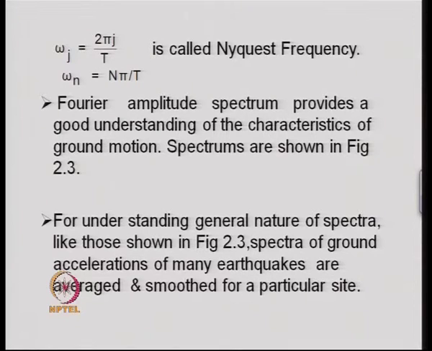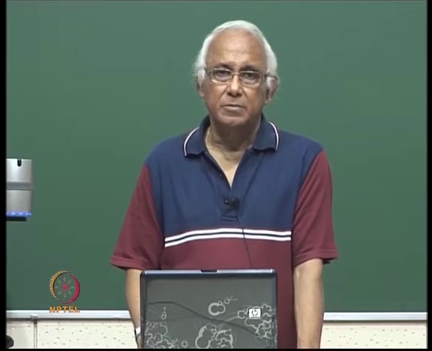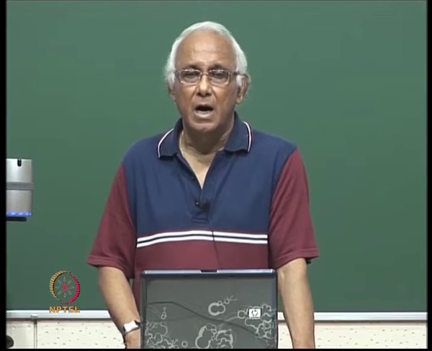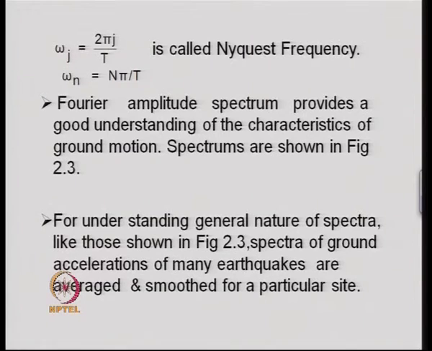For understanding the general nature of spectra, what we generally do is find the Fourier spectrum for a number of earthquakes, and then these Fourier spectrum ordinates are averaged and we get a smooth plot of the Fourier spectrum.